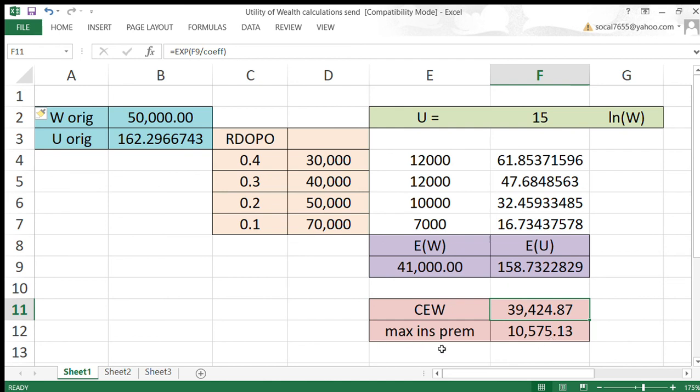So the maximum insurance premium that this investor would be willing to pay to avoid this risky distribution of possible outcomes, assuming that an insurance policy of some type were to be available, would be $10,575.